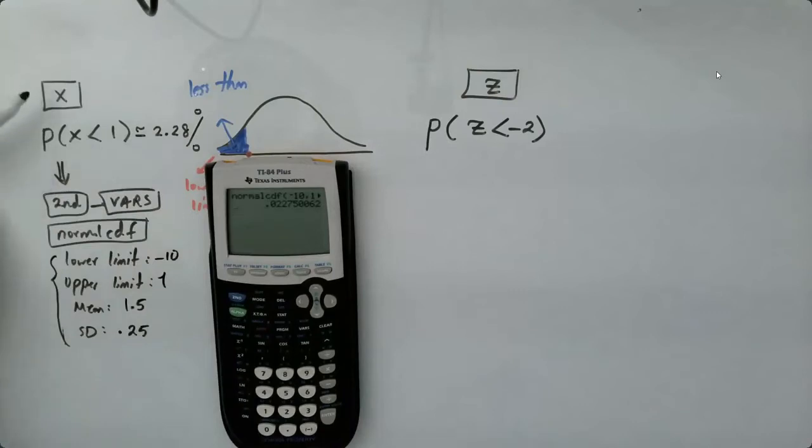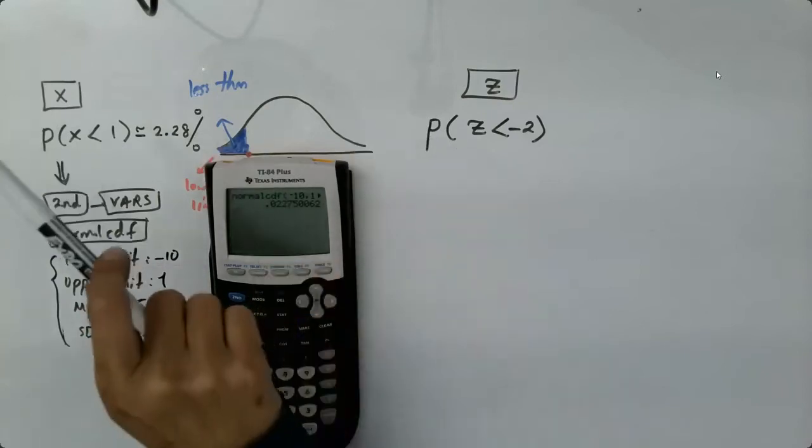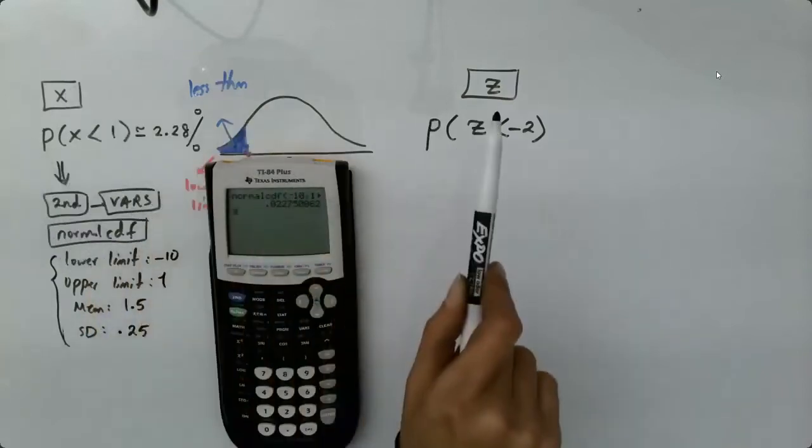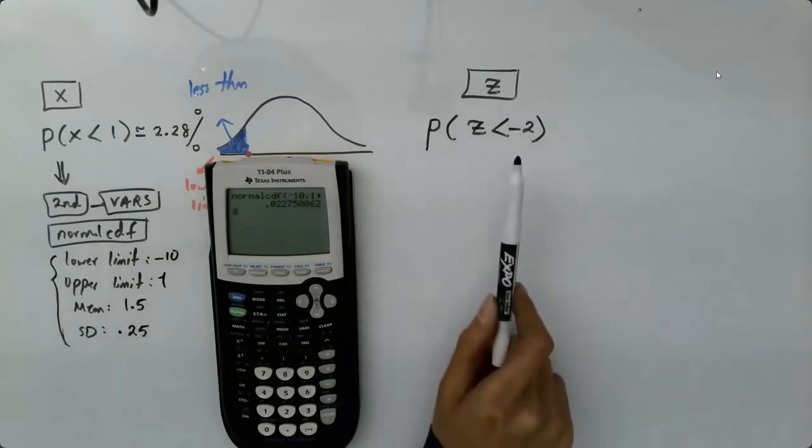If the data is not confidential, use the normal CDF, your lower limit and upper limit, mean of the actual data, standard deviation of the actual data. But if it is confidential, we converted that x equals 1 into z, which is -2.